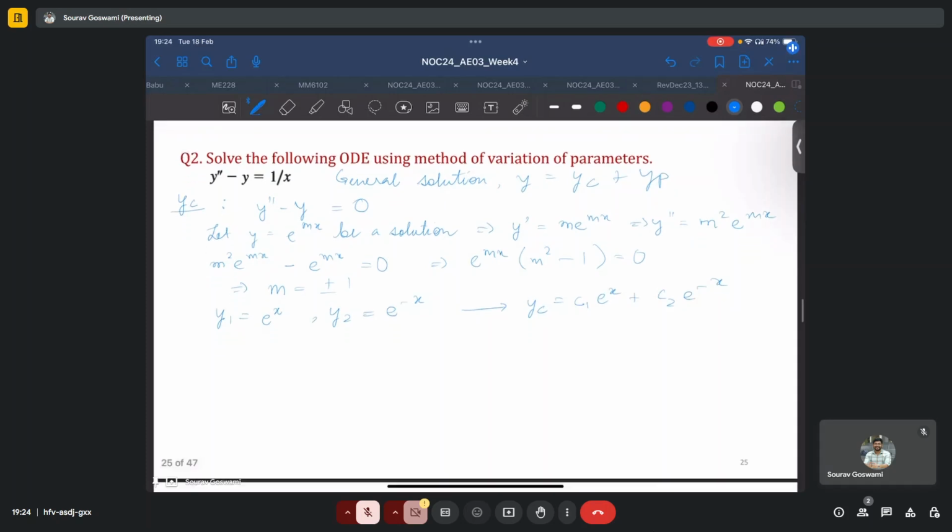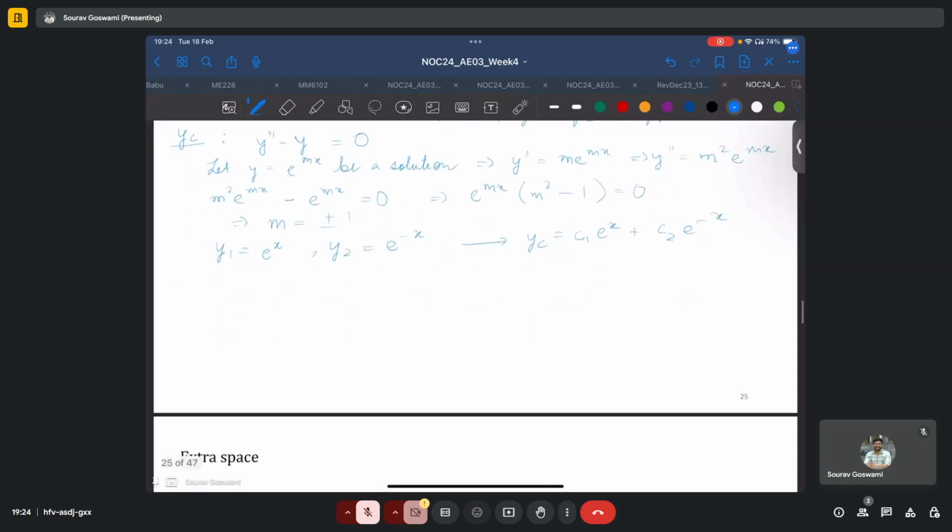Now we must find the particular solution, and if you remember correctly, the particular solution is of the form u1 y1 plus u2 y2, where u1 and u2 are functions of x. This becomes u1 e power x plus u2 e power minus x.